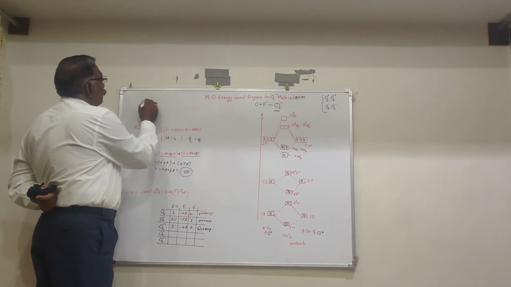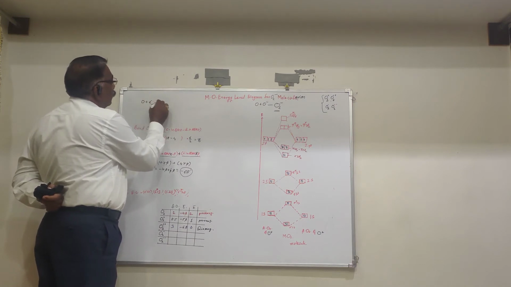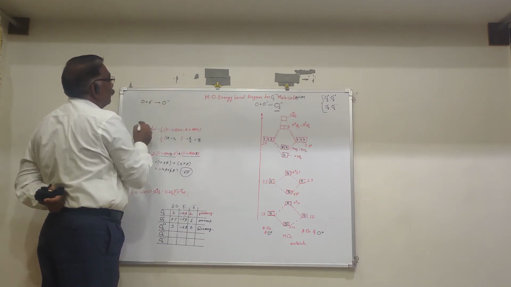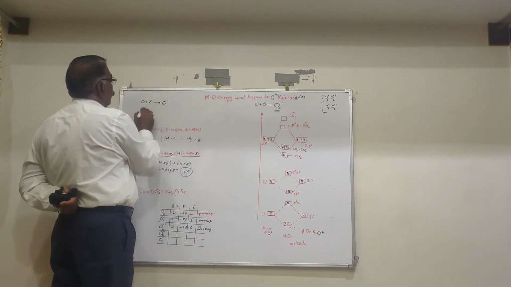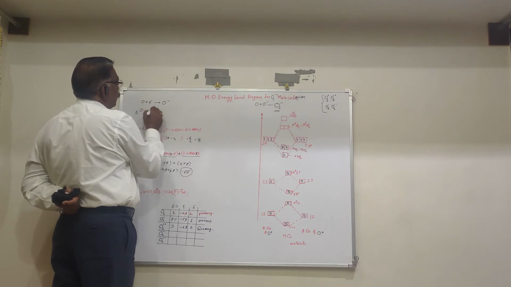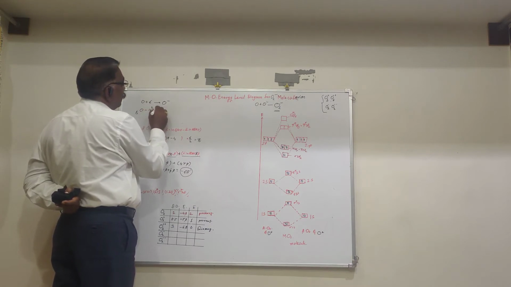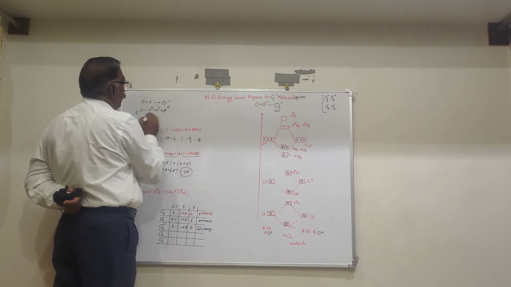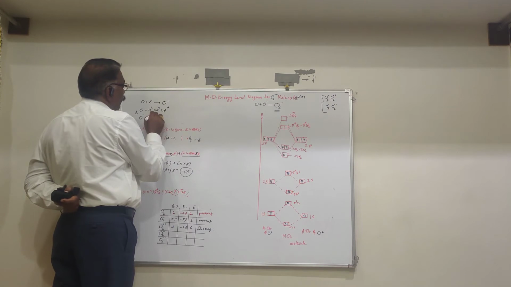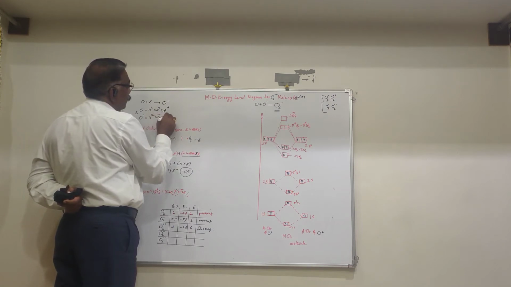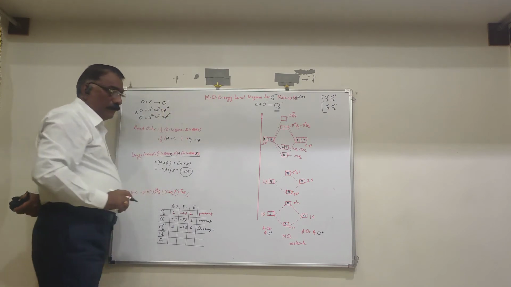Oxygen plus 1 electron, there is formation of O minus. Now the electron configuration of oxygen, we know that the atomic number is 8, 1s2, 2s2 and 2p4. And oxygen minus has one extra electron, 1s2, 2s2 and 2p5.